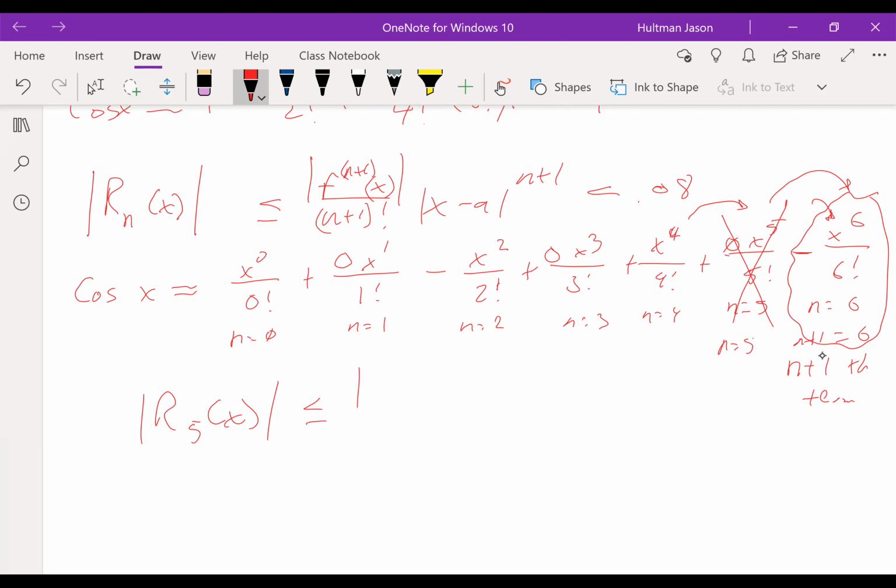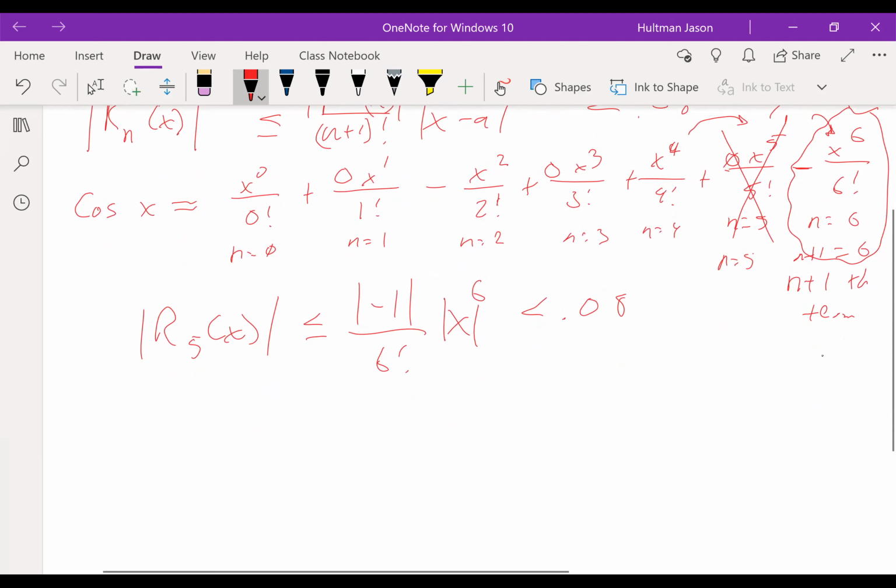So what it is, it's the absolute value of negative 1 all over 6 factorial times x to the 6th power. Okay, and that has an absolute value as well, absolute value of x to the 6th power, and that has to be less than 0.08, right? So this is just x to the 6th, because anything to an even power is positive, right?